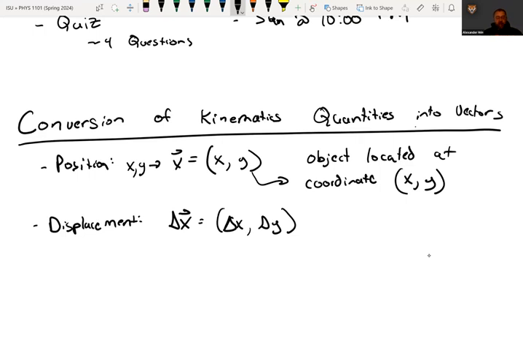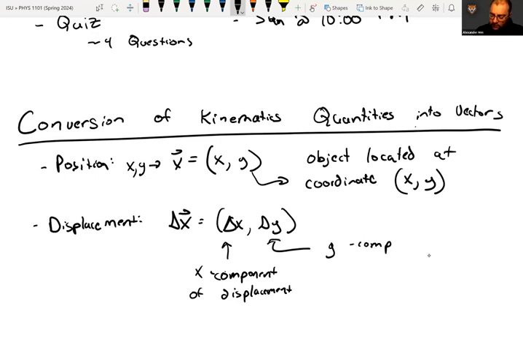This is the x component of displacement. The way you can think about it, it's how much the horizontal has changed in this displacement. And then the delta y would be the y component of displacement.